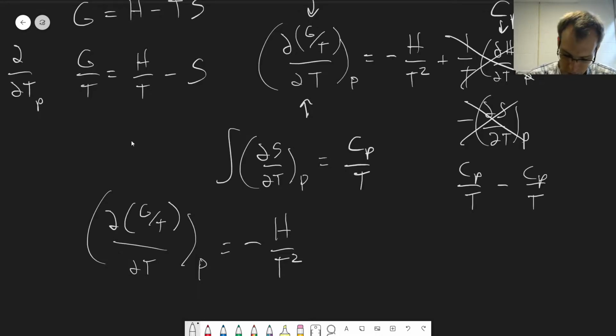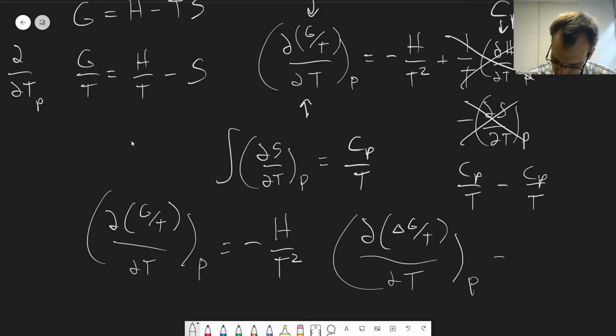Changes in Gibbs free energy and changes in enthalpy, but it's basically the same equation. d(delta G over T)/dT at constant P is equal to minus delta H over T squared. So the change in Gibbs energy is related to the enthalpy change for our system. So if we know the change in enthalpy and how that changes over temperature, we can derive the change in the Gibbs free energy as we change the temperature for a process.